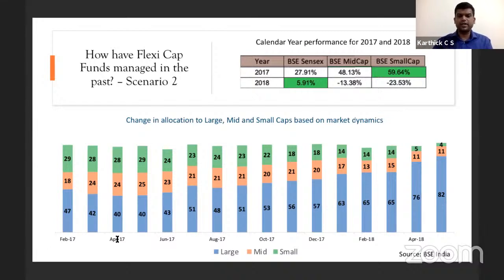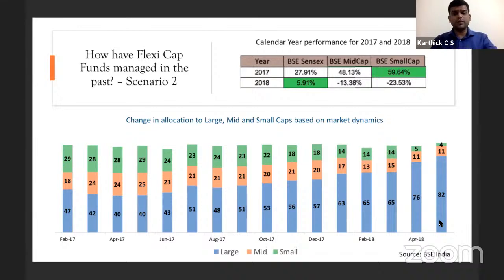From February till, say, August, October 2017, the allocation was almost 50% plus, with the balance in mid and small cap. But as you inch towards April, May, June, the whole scenario changes. 82% is in large cap, whereas about 15% is in mid and small cap.